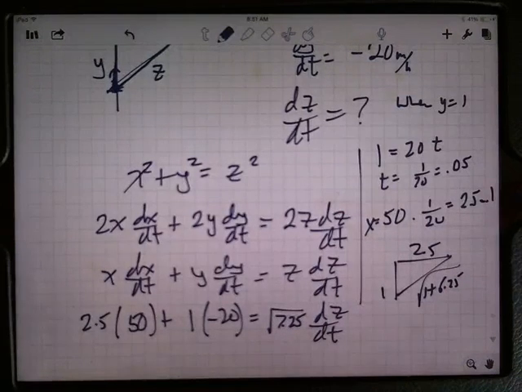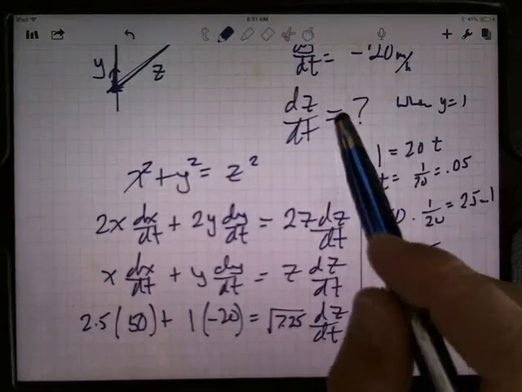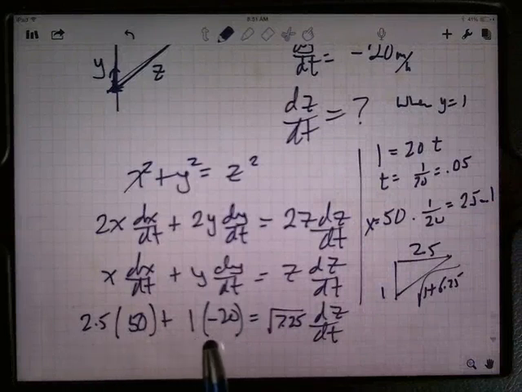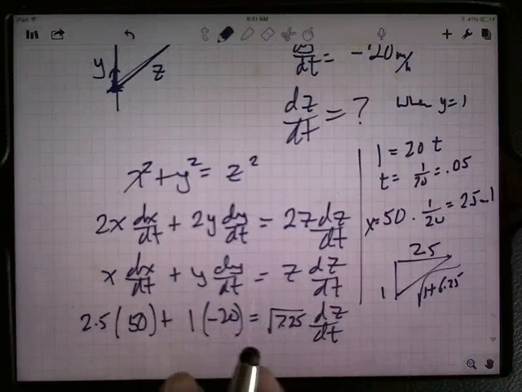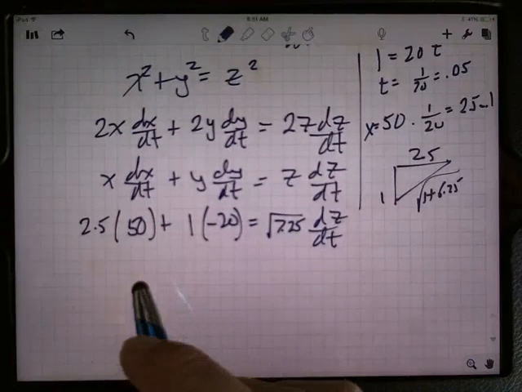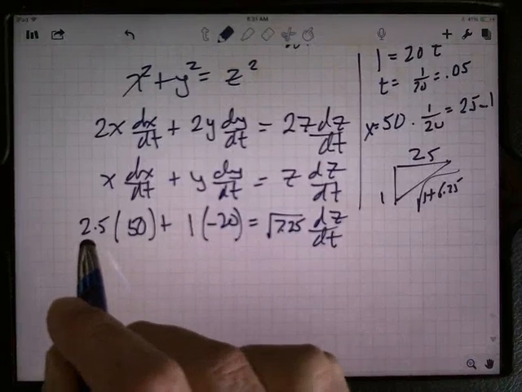This took a little extra work because I had to use various relationships that were given to figure out what each of the pieces were. I'm down now to only not knowing what dz/dt is, and so I can solve for dz/dt. Let's put this stuff together.